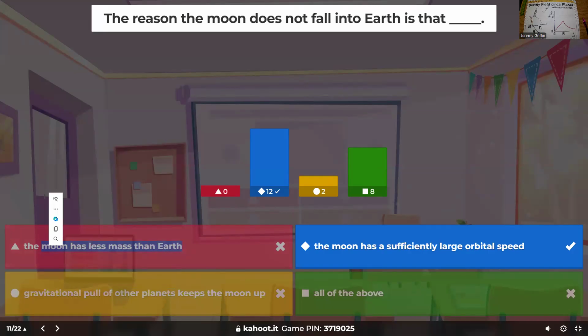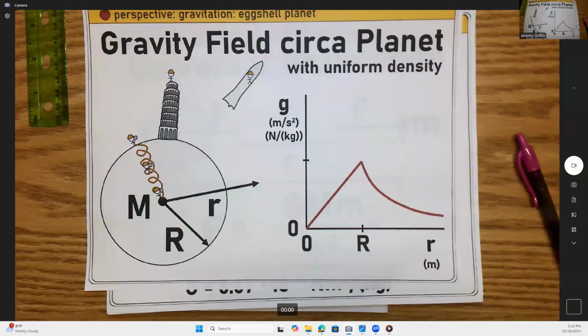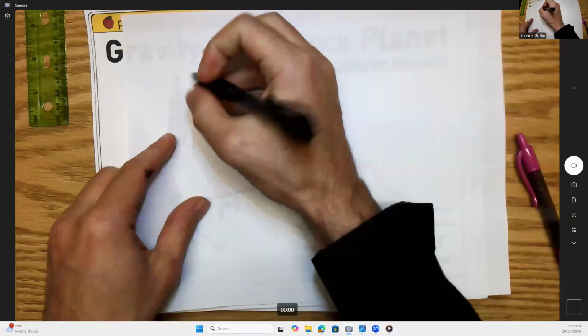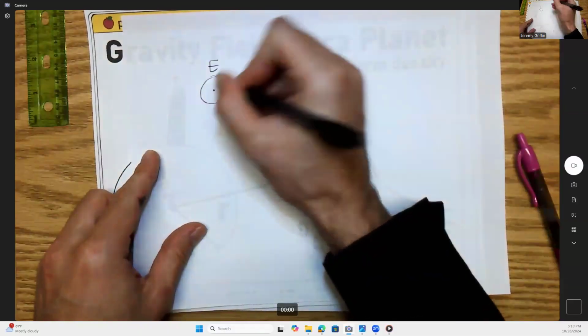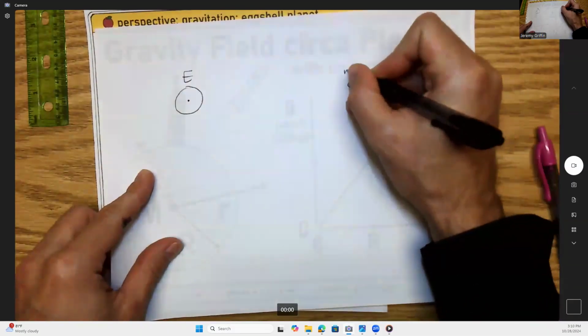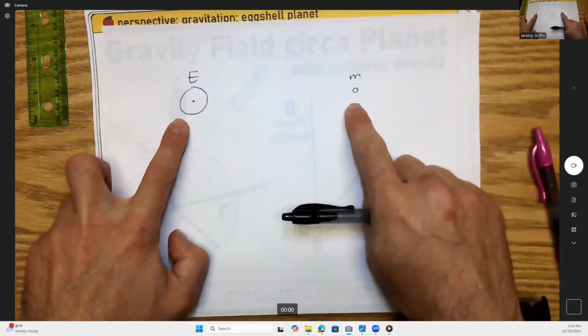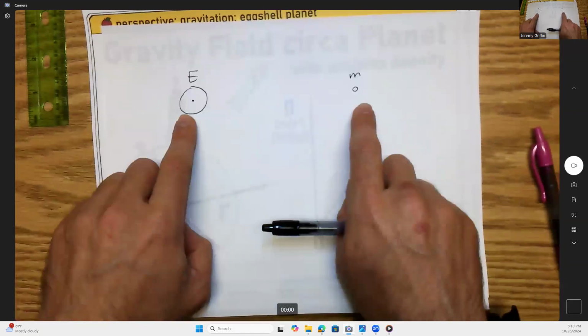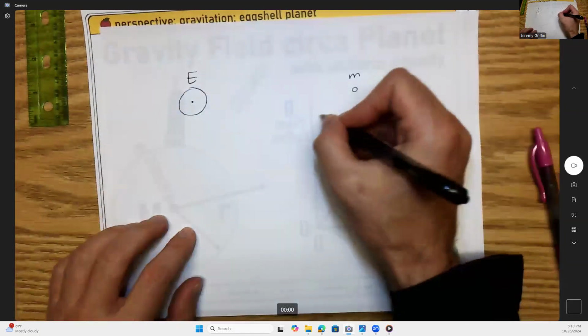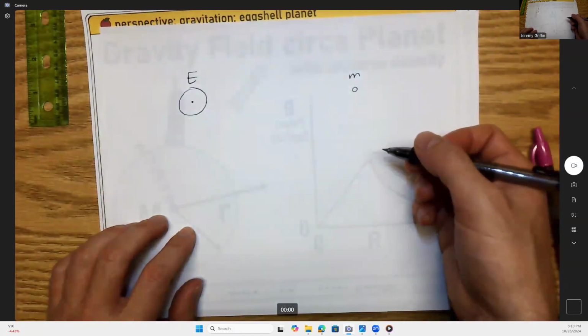Let me tell you guys a little bit about that. Let's go back over here. So, I'll show you guys a picture. Here could be, I'll call it E for the Earth, center mass. Call this M for the moon. I think that may be pretty close to scale. Now, these two have gravitational attraction, the moon is orbiting the Earth, right?